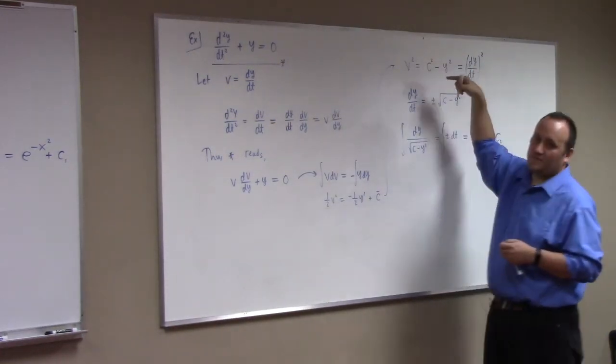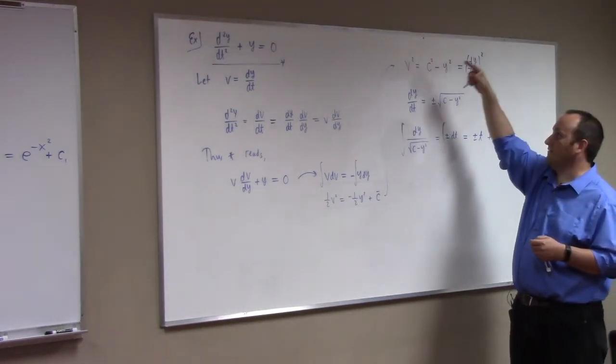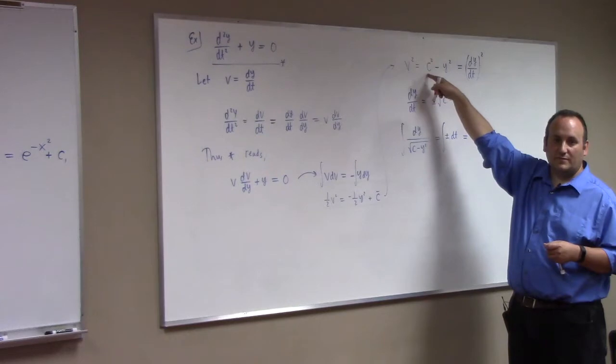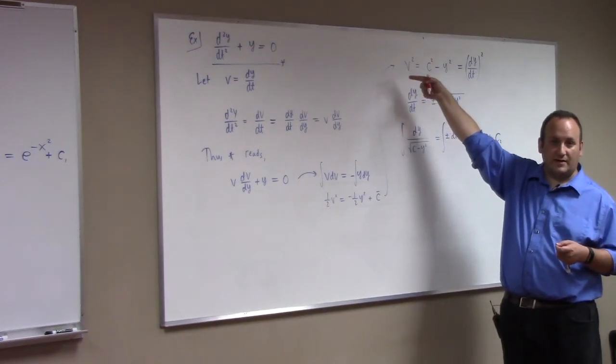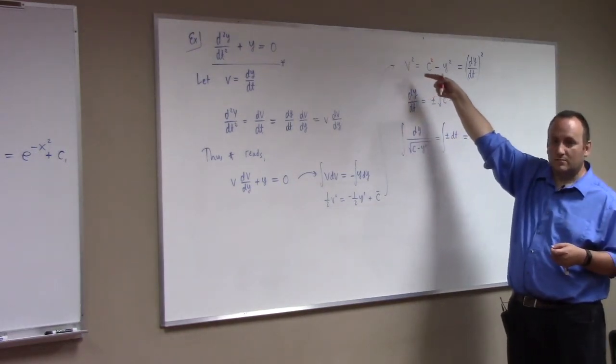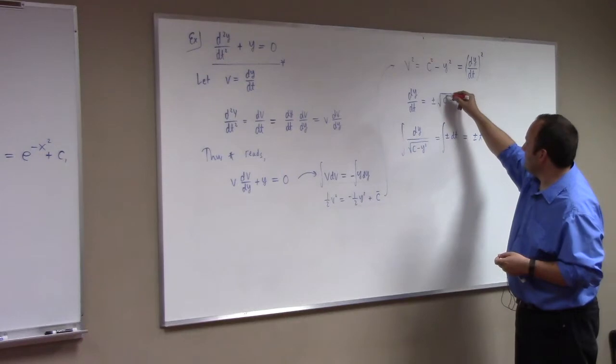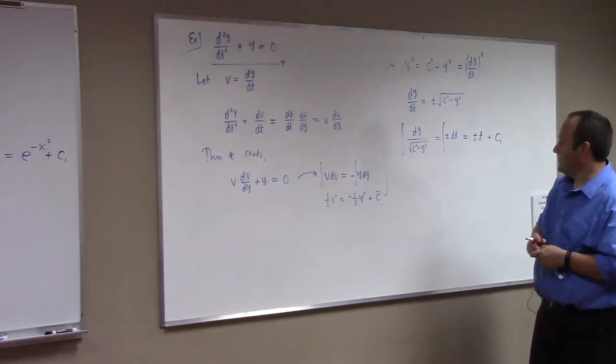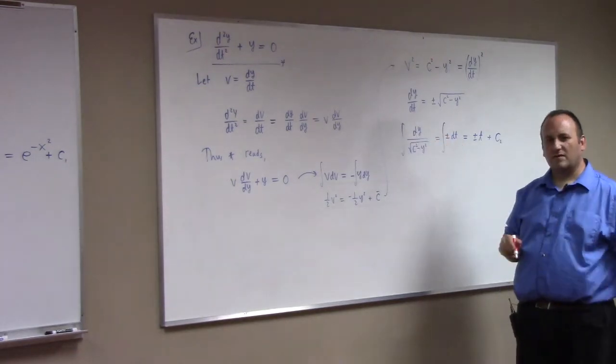If you think about it, there's no loss of generality, because in order to have v squared equal to this, that's got to be a positive constant, which means you can write it as the square of another real constant. Otherwise, you'd have something negative equal to something non-negative, which would be troubling. So I can just as well write that as c squared. And that's convenient for me, because then I can do this integral.